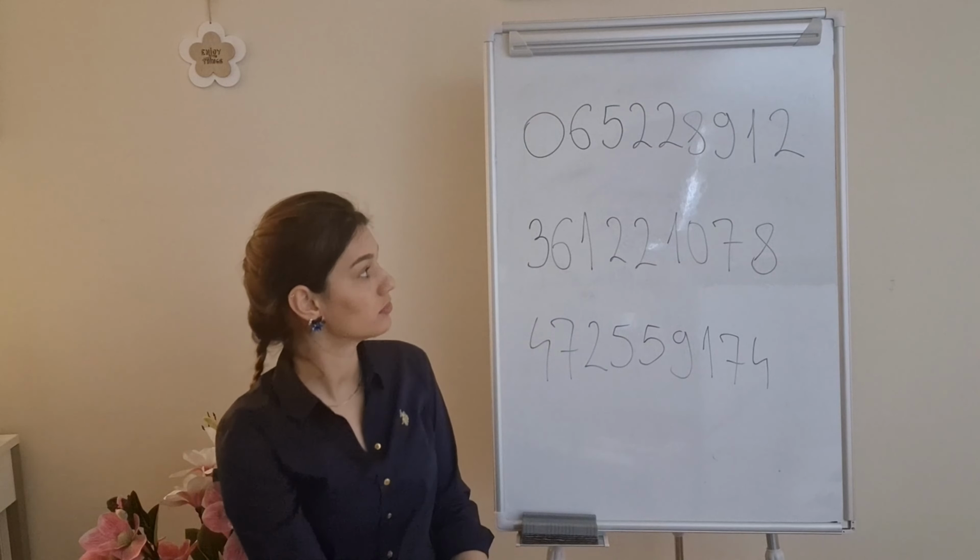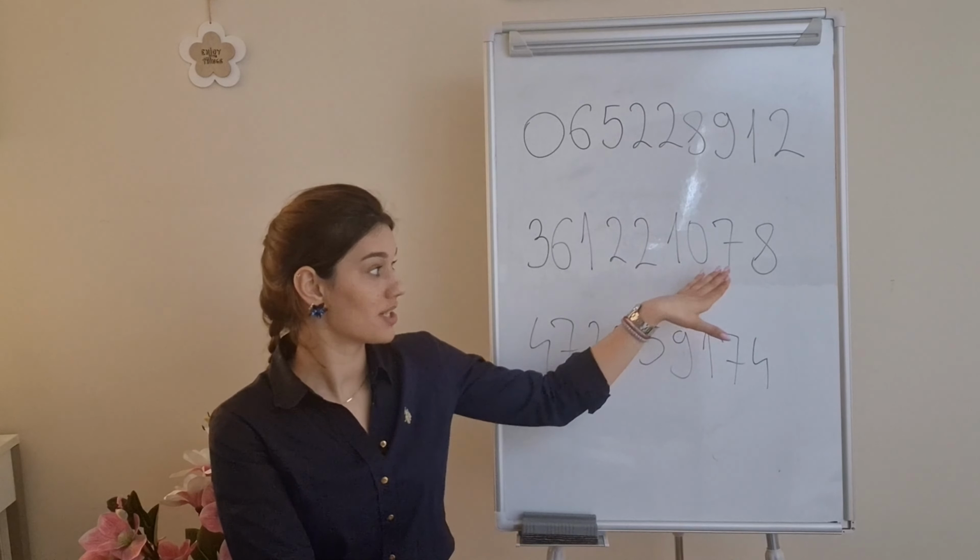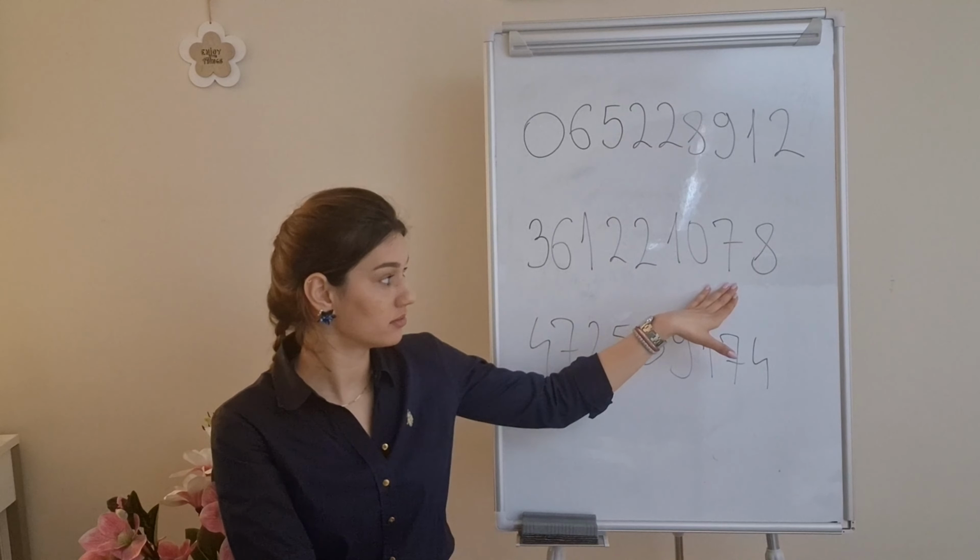You will be the first one to say the number, and then I will repeat after you, and that's how you can check if you've done it correctly. 3, 6, 1, 2, 2, 1, 0, 7, 8.